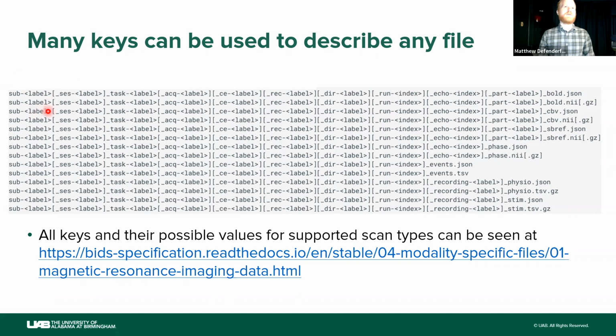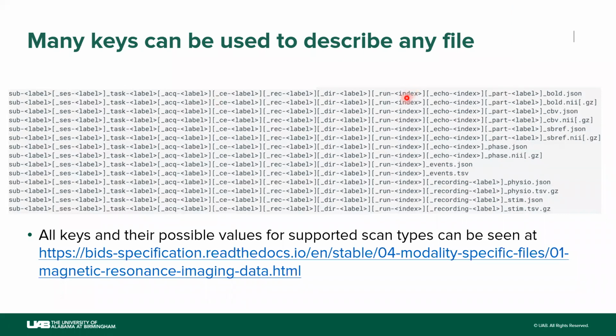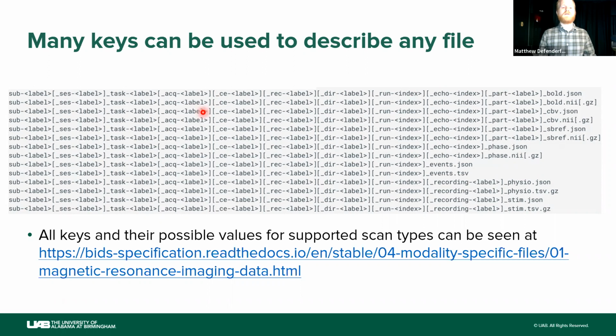If you go there, you can look at the suggested naming schemes for all of these different types of files. So what I've got up here is an example for all of the different types of functional files that BIDS supports. You must have the subject with the subject ID. You can have the session with the session label if there's only one session.